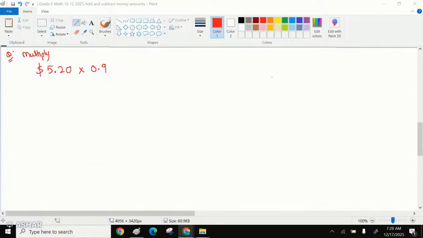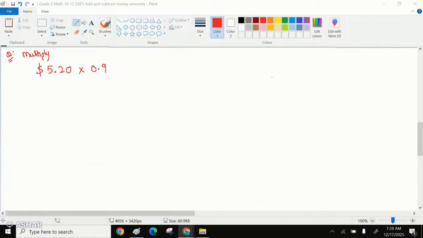How many decimal places are there in 5.20 and 0.9? Can anyone give me the decimal places? Just the number of decimal places. Are there one decimal place, two decimal place, three, four? How many decimal places are there in this question? Okay, sure.